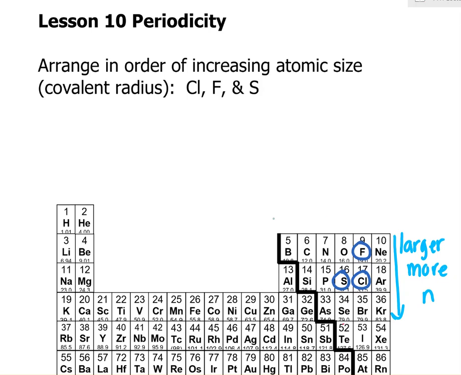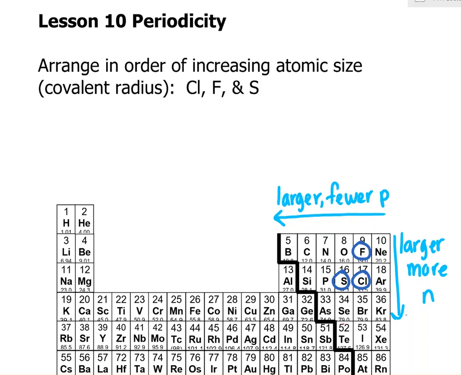And then if you remember the trend left and right, the trend is actually larger this way, because there are fewer protons, with the same amount of shielding as well.